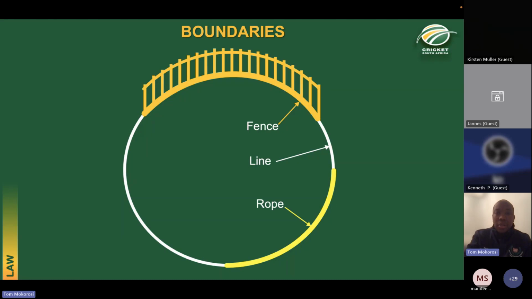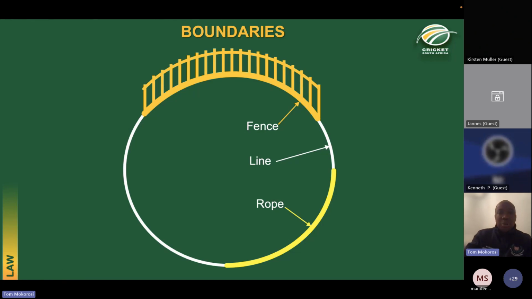Quite often, the line is not visible from 50, 60, 70 meters away in the middle of the field where the umpires are. So a boundary rope is most commonly used around the world to mark the boundary.